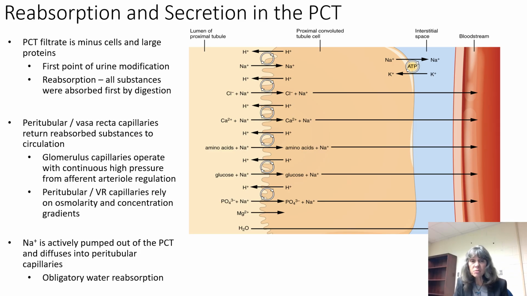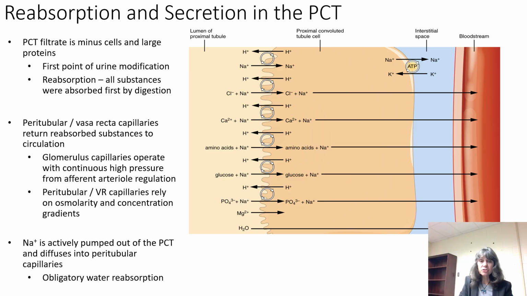So the proximal convoluted tubule is going to be the first point of modification of urine, because the simple cuboidal epithelial cells that line the proximal convoluted tubule have lots of microvilli on their surface for reabsorption and secretion. And so as this is the first point of urine modification, we're going to reabsorb all the substances that were initially absorbed by digestion.